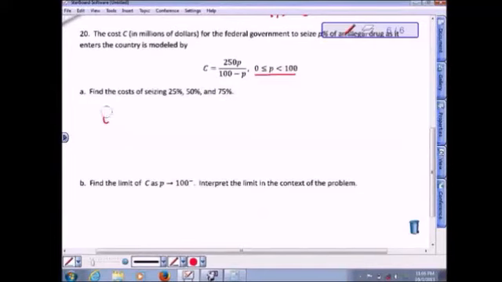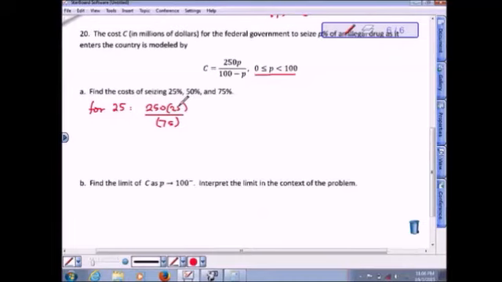So the cost, so for 25%, if these federal agents want to seize 25%, then according to this model, it's 250 times 25 all over 100 minus 25, which is 75. And then 25 over 75.